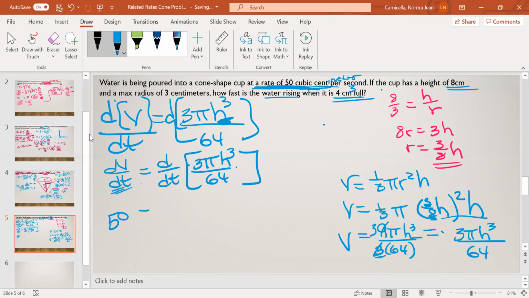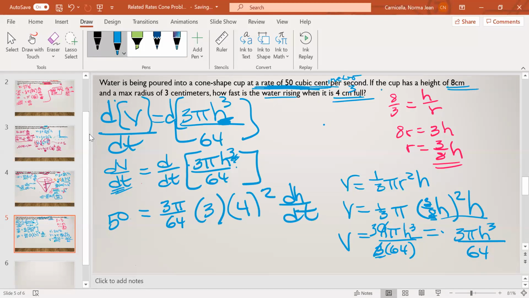So I have 50 is equal to 3 pi over 64 times this 3 times 4 squared dH dt.